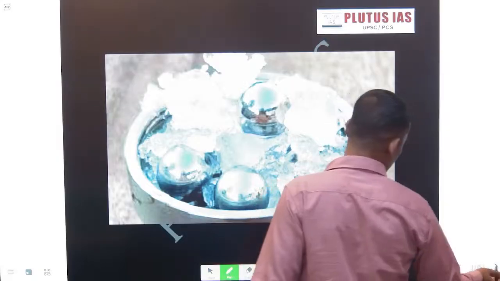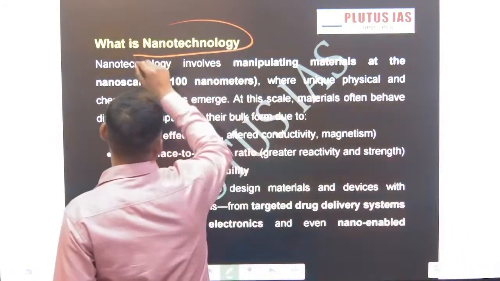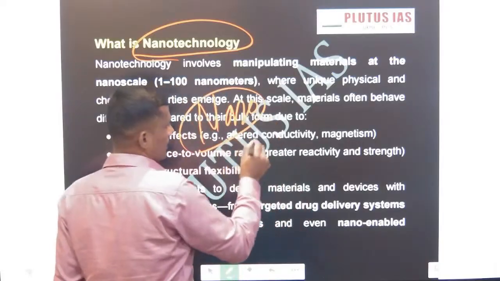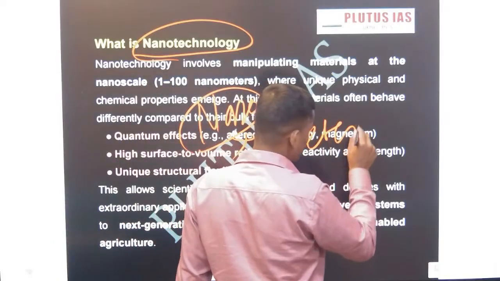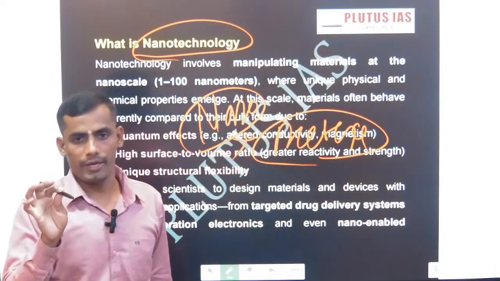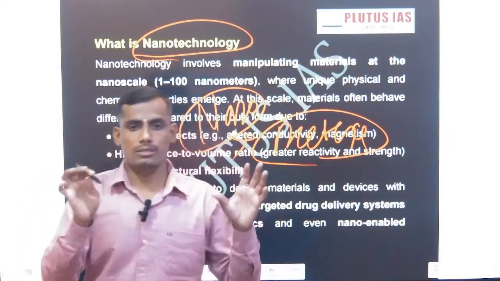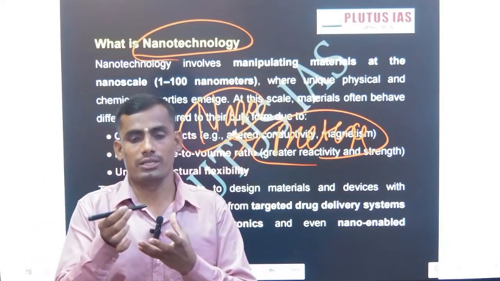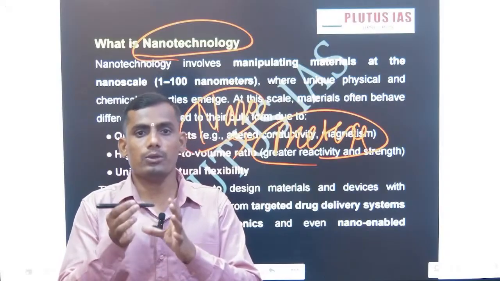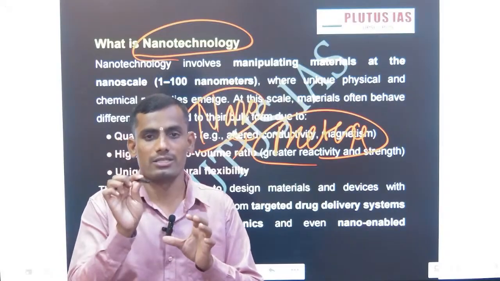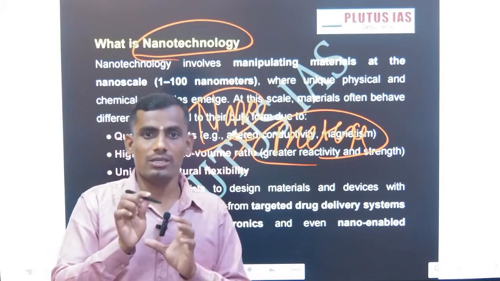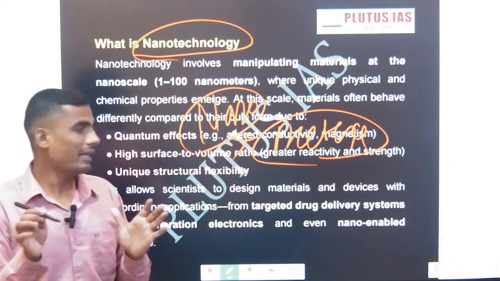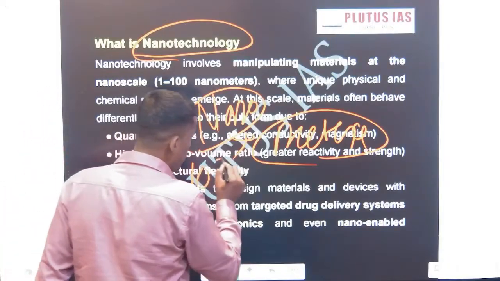What is nanotechnology? Nanotechnology is about material physics. Consider this is a pen, developed by some company. It is visible, so it is a material physical thing, and it has a particular size. On this scale, there is the micro scale, nanoscale and so on.